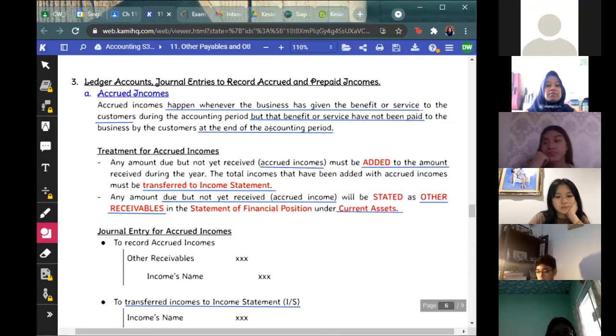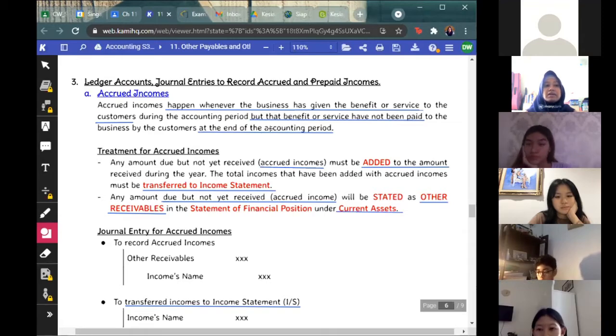So, once again, accrued means that benefit and service has been given, but it is not yet paid. Now, in terms of income, it means the business that is not yet receiving the payment. But in terms of expense, it's the business that is not yet paying that expense. So accrued income is the opposite from accrued expense.